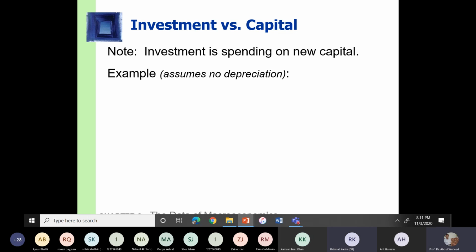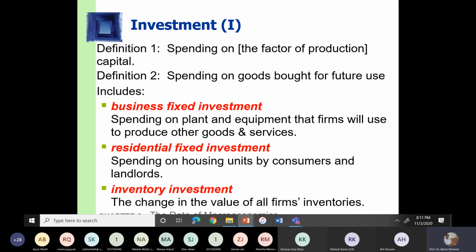No. I will explain. You see, you are spending on machinery, you are buying plants and equipment. This is business fixed investment. You will use this to produce goods and services.